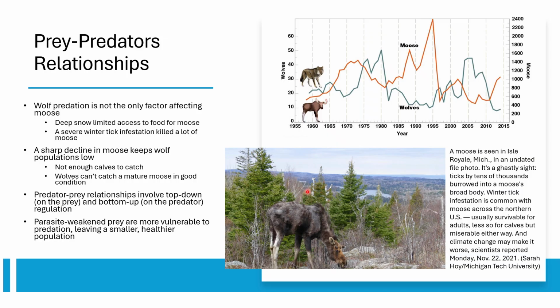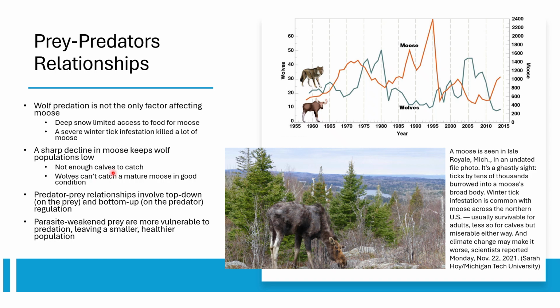In contrast, in years when the temperatures are too high over the winter, typically you have very high winter tick infestations. And those ticks, remember, ticks are part of predators as well in the ecological sense. Those ticks can be really damaging to the population of moose, especially for the calves.